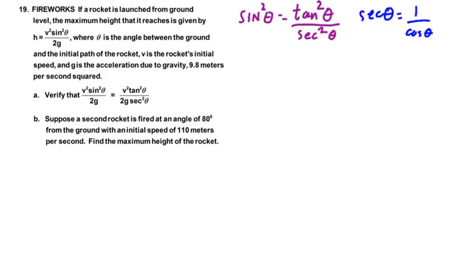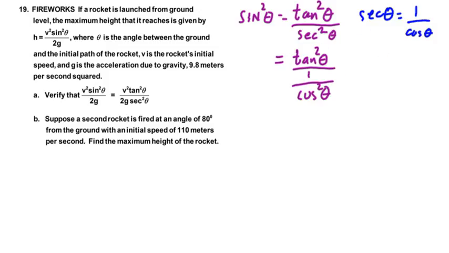So now I'm going to go back and replace. I'm going to leave sine squared theta by itself on the left, and bring down tangent squared theta, and rewrite secant squared theta as 1 over cosine squared theta.